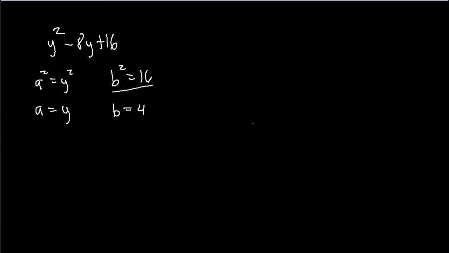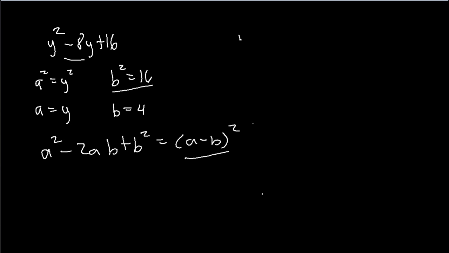Now since we have a negative sign before our middle value, we should use this counterpart of the binomial formula, which is like this, and simply substitute our values to these factors, a being y and b being 4, squared.